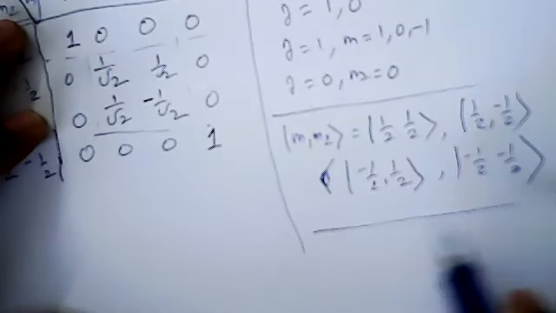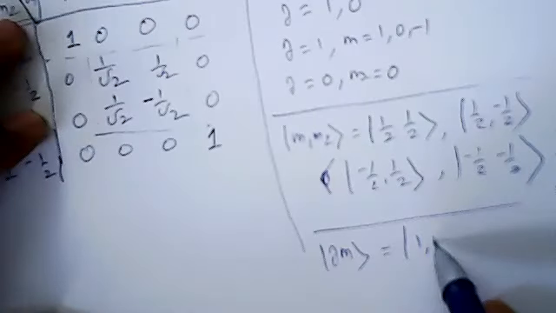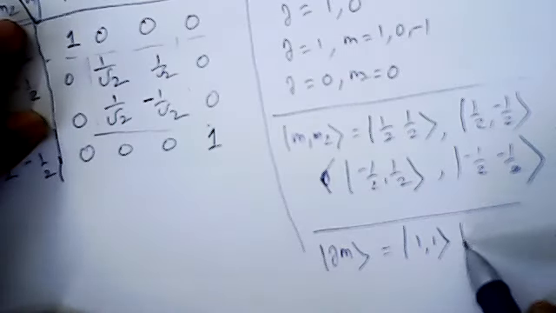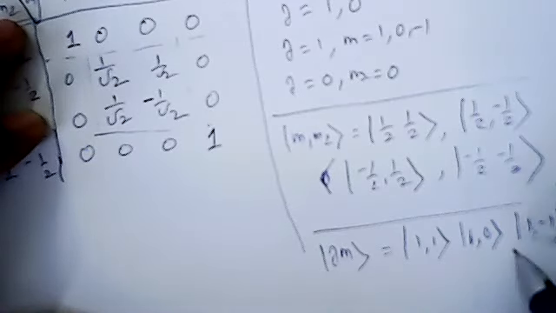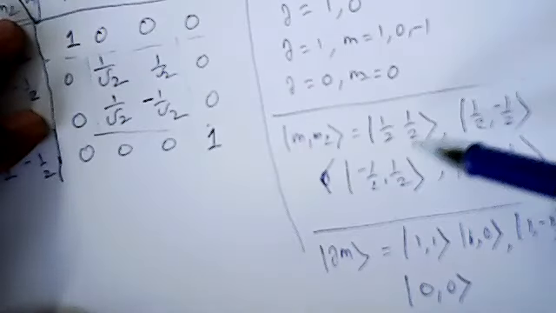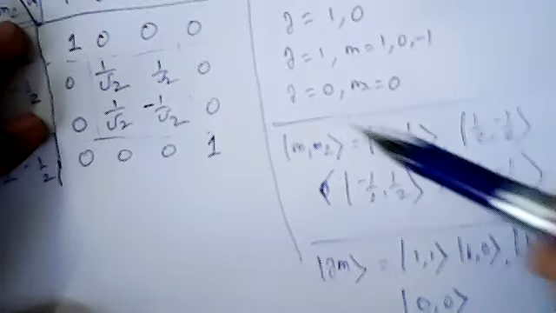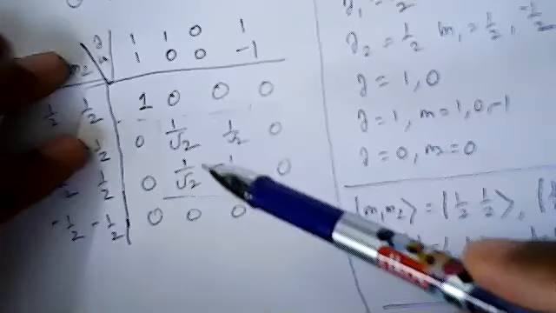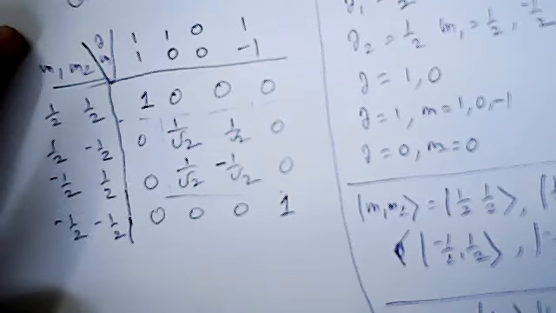And the coupled basis are J, M equal to 1, 1; 1, 0; 1, minus 1; then 0, 0. These are four coupled bases, and these ones are uncoupled bases. You can connect these two with a 4 by 4 matrix.